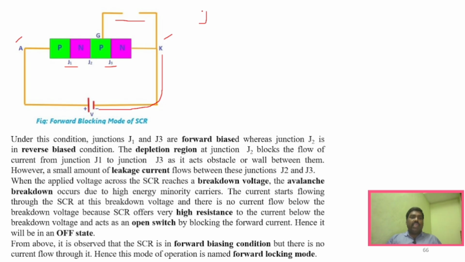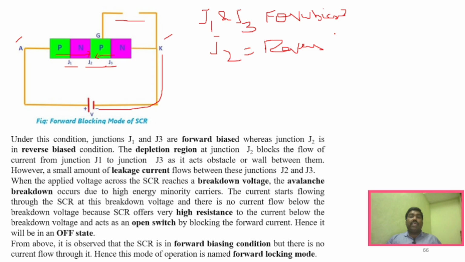So obviously J1 and J3 are forward biased, whereas J2 is reverse biased. Sir, how are you saying J2 is reverse biased? You see here, you are giving positive here, but at J2 here it is N. Similarly, you are giving negative here, so it is positive on the other side, so it will be reverse biased. So junction J2 is reverse biased.